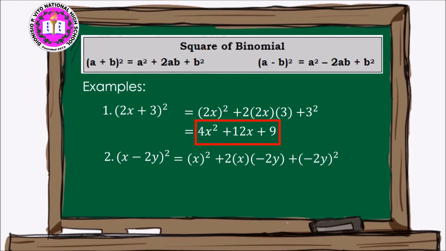Therefore, we have x² = x². Then we have positive 2 times x times negative 2y is equal to negative 4xy. Then (−2y)² is equal to positive 4y². Therefore, (x − 2y)² is equal to x² − 4xy + 4y².